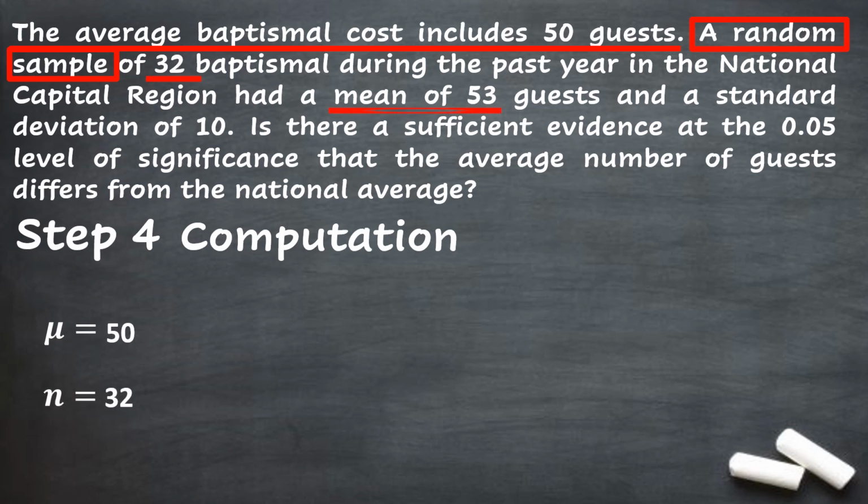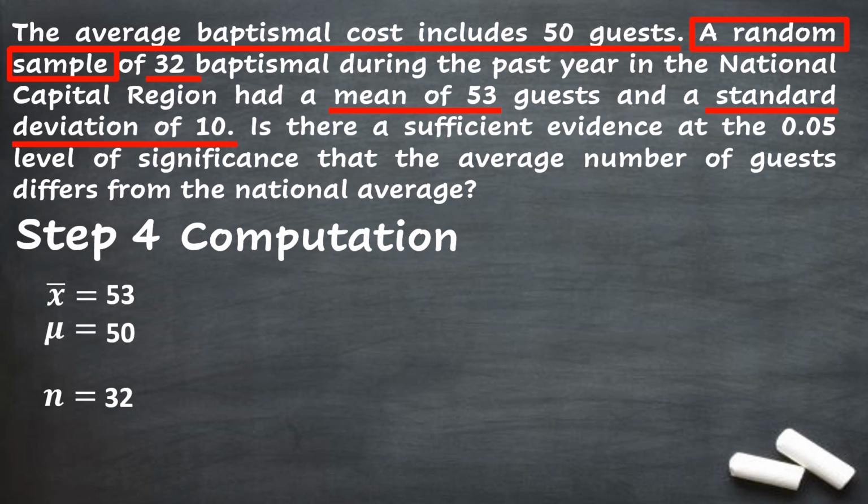During the past year in the National Capital Region had a mean of 53 guests. So our mean of 53 guests, since this is still under the sentence for the random sample, meaning to say the mean of 53 is the sample mean. And a standard deviation of 10.